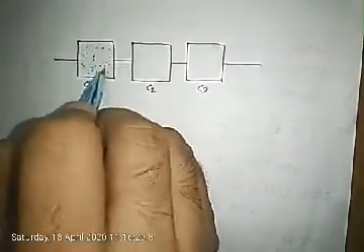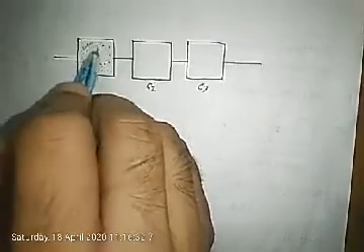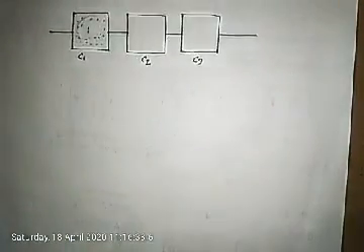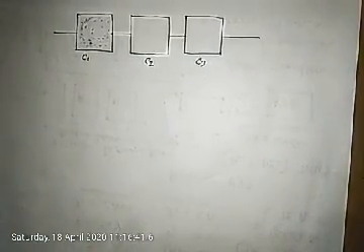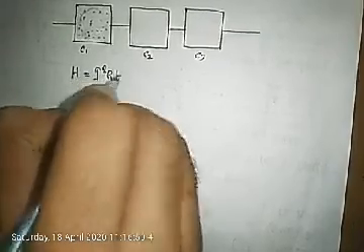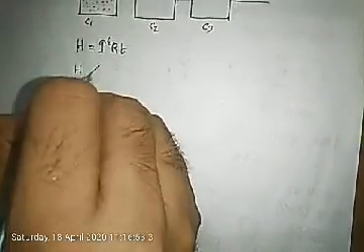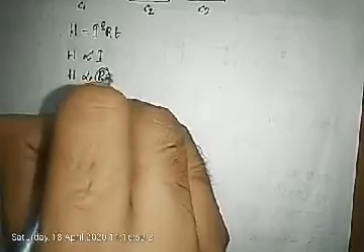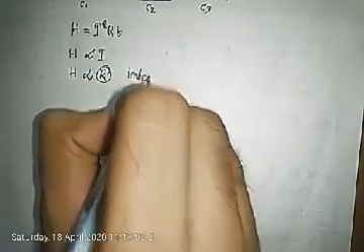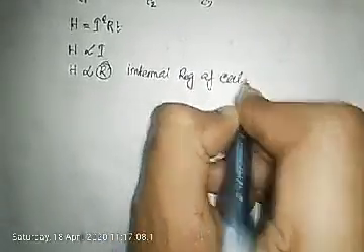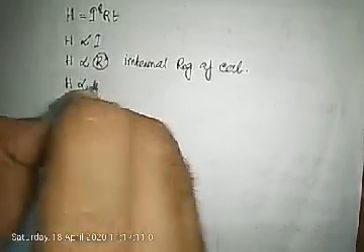So when any type of shadow falls on any cell, heat is generated, like H equals I squared R T. Here heat is proportional to I, H is proportional to R, where R means the internal resistance of the cell, and H is proportional to T, where T means time.